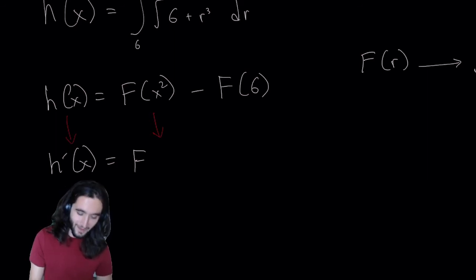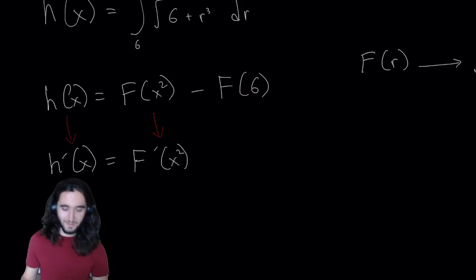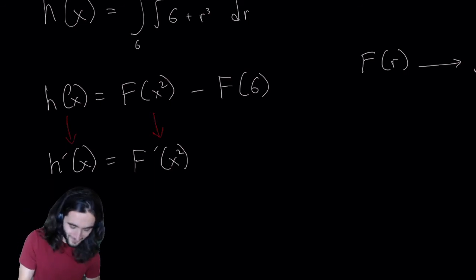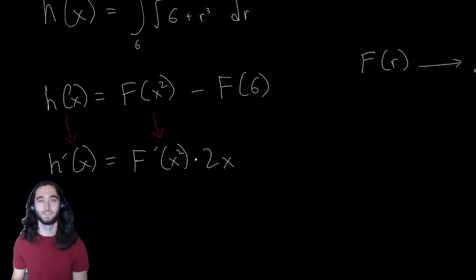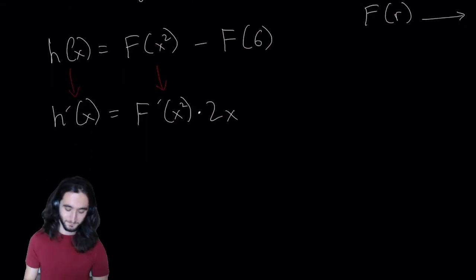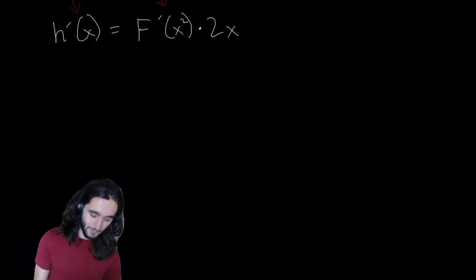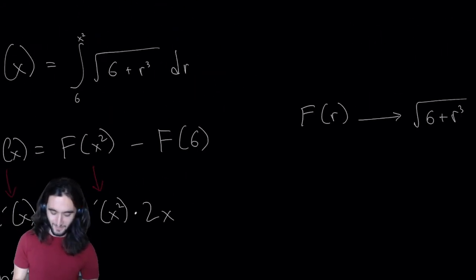So if it was just x, then it would be F prime. But since it's x squared on the inside, we have to invoke the chain rule, which says we must multiply by the derivative of that thing, right? So we must multiply by 2x. And then we know what F prime is, right?